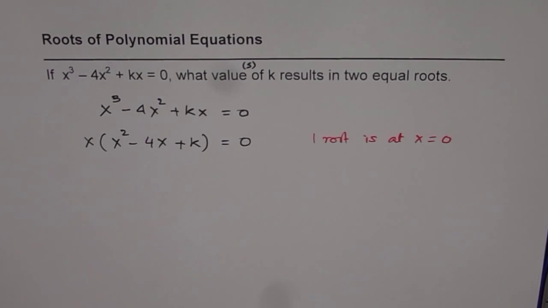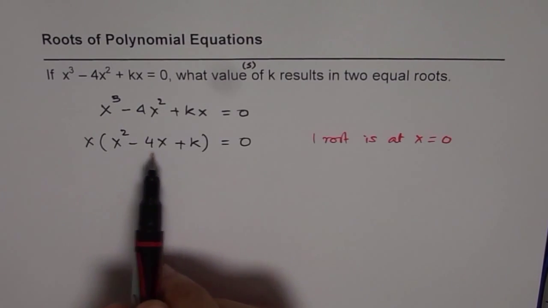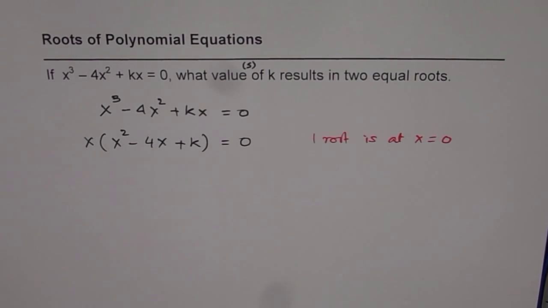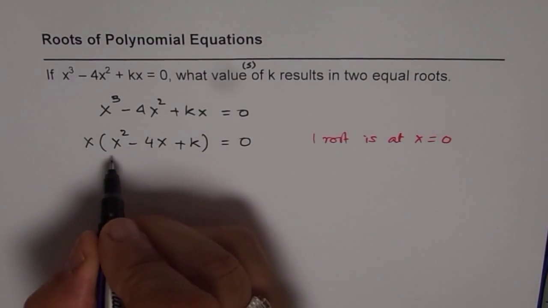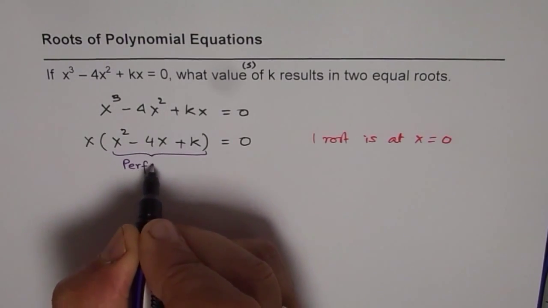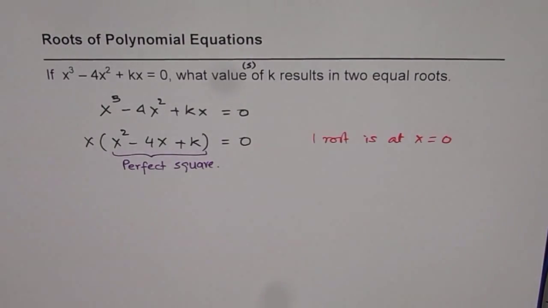Now the other solution we can find by making this term a perfect square. So let's see how to make this a perfect square. If I make this term a perfect square, then I have two exactly same roots.